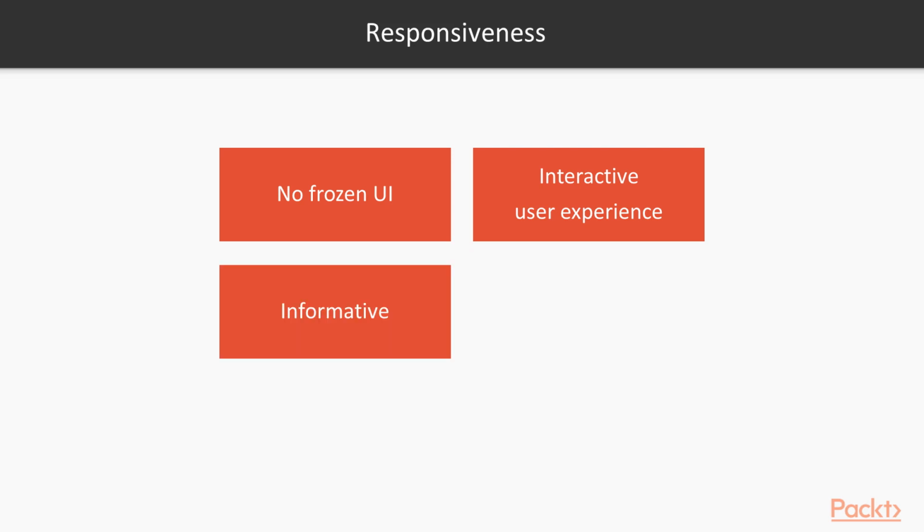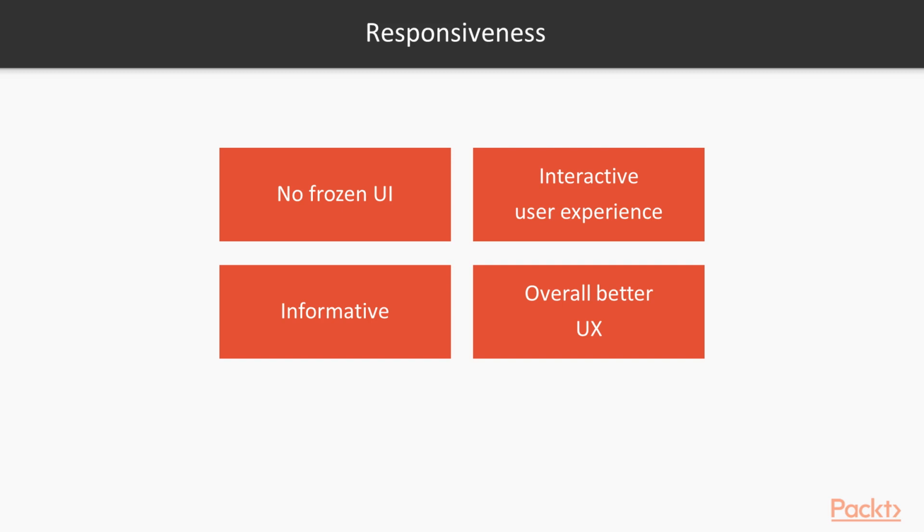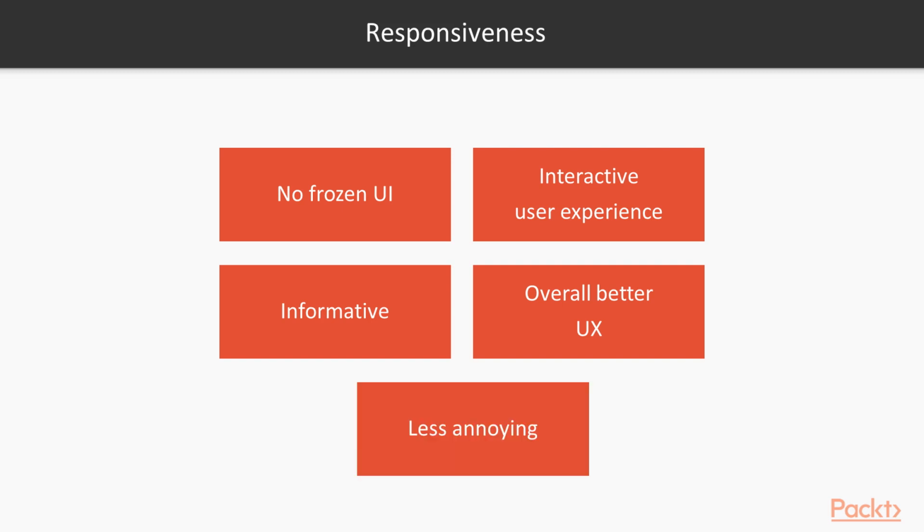In the same flow, we can provide information about the background processes, if there are any running. By following this approach, your users enjoy the app because they know what the app is doing and that the app is accepting any further commands they are issuing. This includes any command that is needed to terminate the background task, and it is a good approach that is less irritating and annoying for the user.